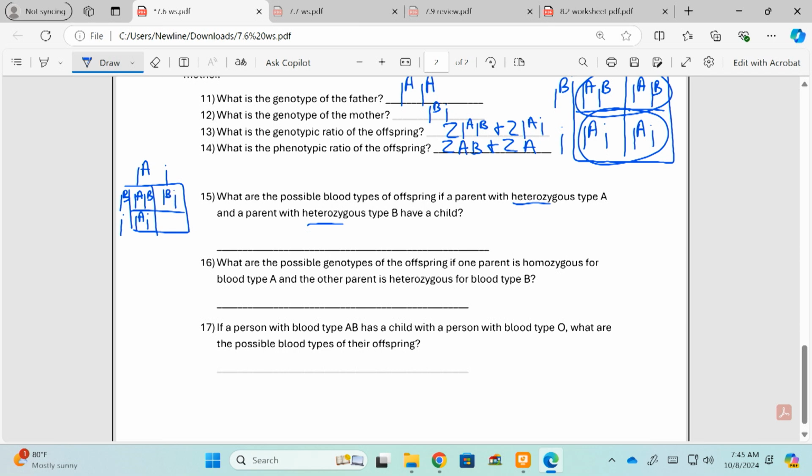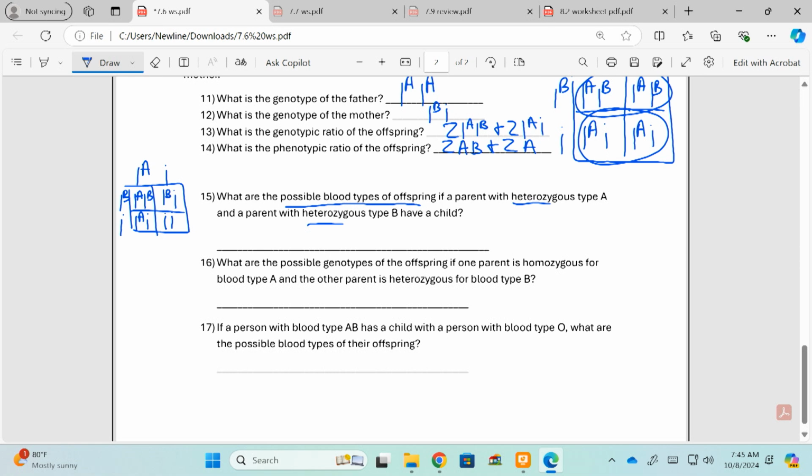Remember to always put the dominant allele first if you have it, and because these are type A and type B, we'll always put the A first if we have it. For this one, it wants to know what are the possible blood types of the offspring, so we're really dealing with phenotypes here. We can really make any combination of blood types.